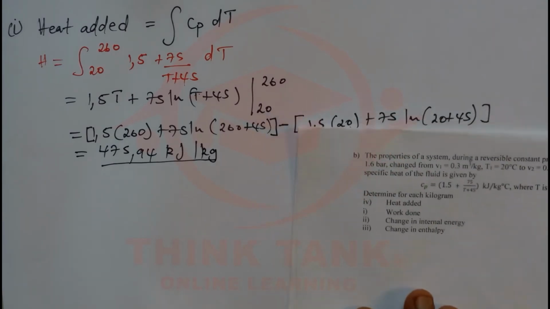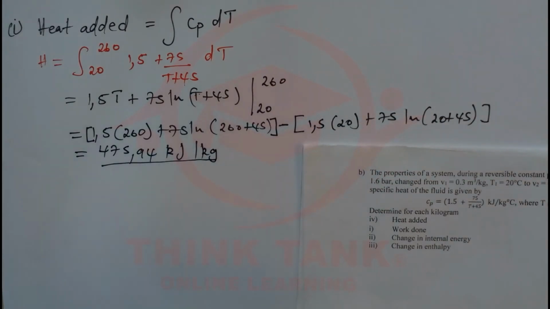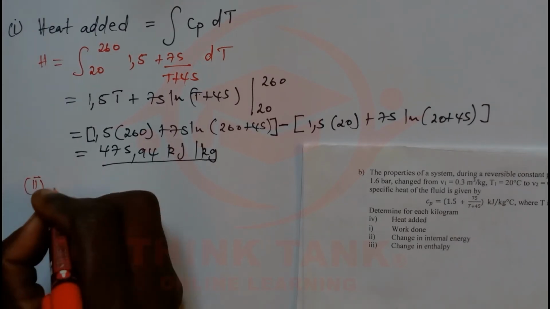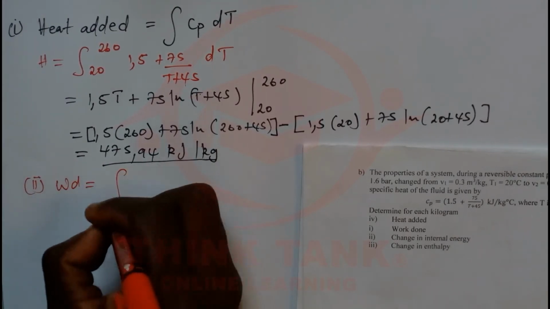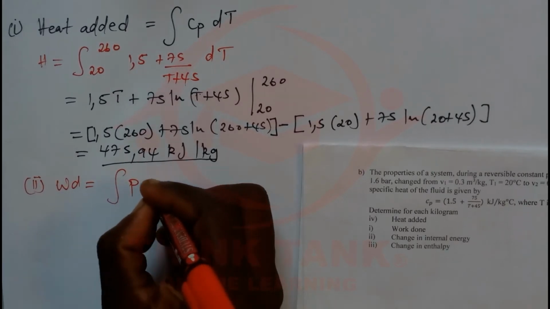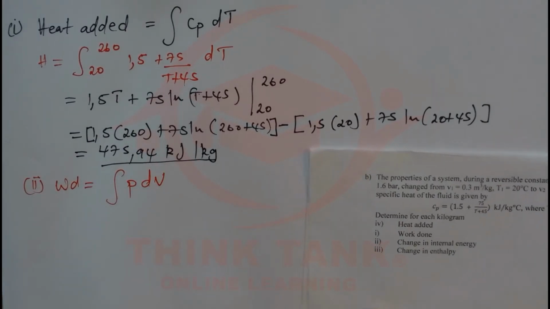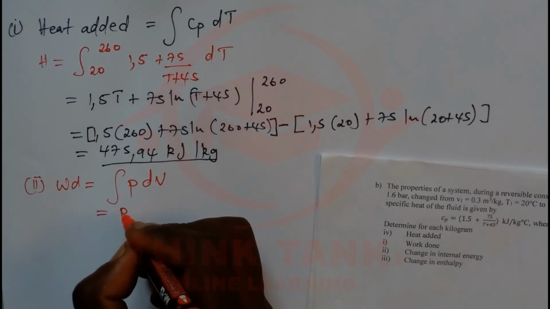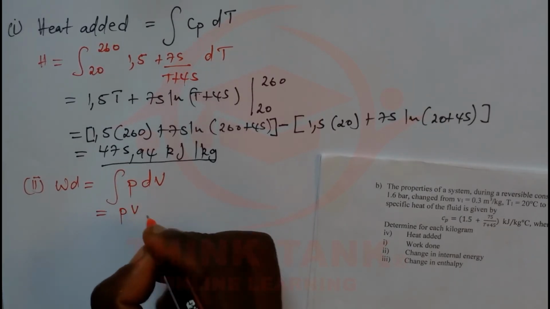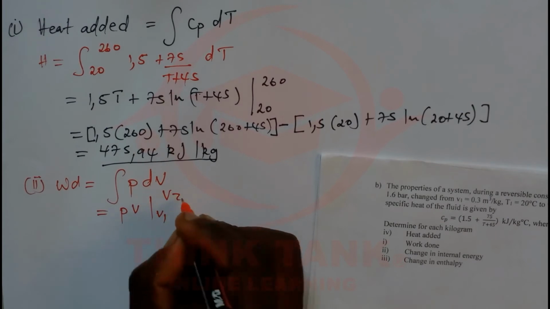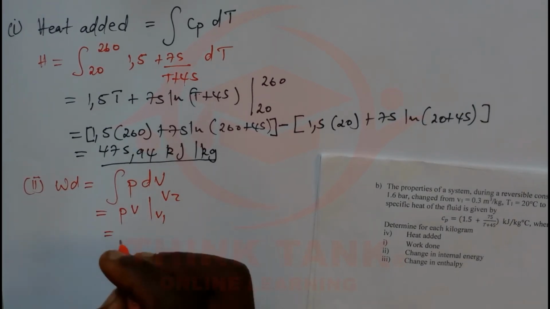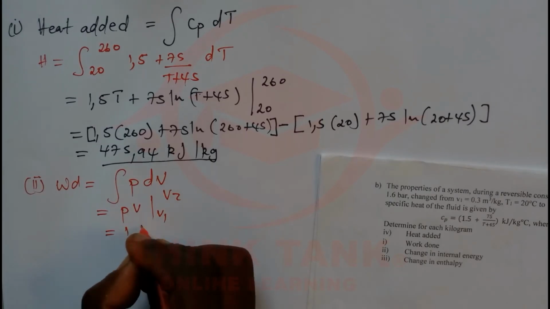Now we're going to move to the next question, which is the work done. We know that the work done is given by the integral of pressure with respect to the volume, with V1 and V2 as the lower and upper bounds. So let's do that. Our pressure is 1.6 bar.